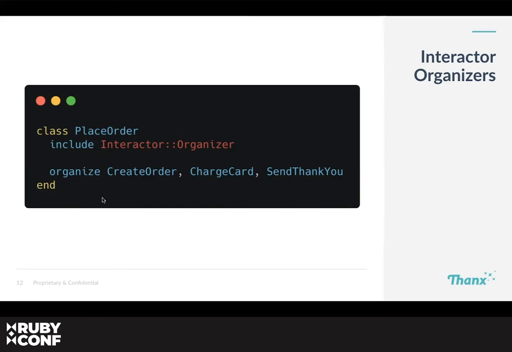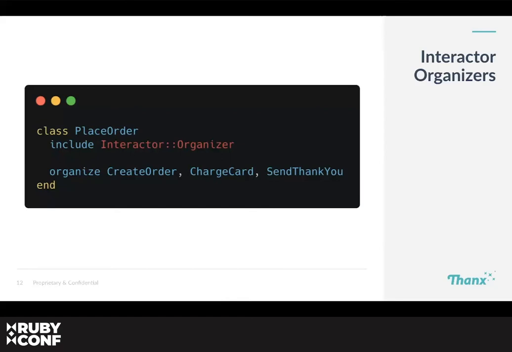And despite having a different internal implementation, the way you interact with PlaceOrder is the same way you would interact with a single interactor. So the interactor organizers and the interactors themselves have the same exact public interface. All you do is PlaceOrder.call, pass in your context, and the rest is history. It just naturally flows into the sub-organized interactors with the context, and the context is passed between each of them.